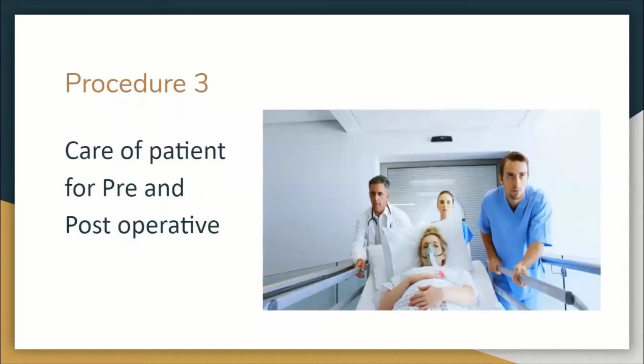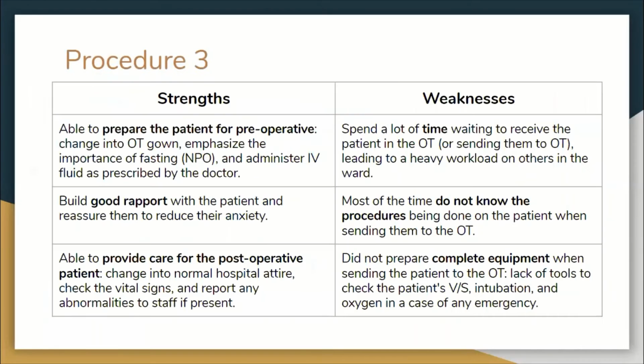The third procedure is care of the patient for pre and post operative. We were able to prepare the patient for pre-operative, such as changing the patient into an OT gown, emphasizing the importance of fasting, nil oral, and administering IV fluid as prescribed by the doctor. We also learned that we have to check a lot of checklists before going to the OT.